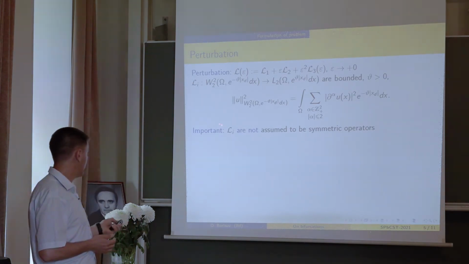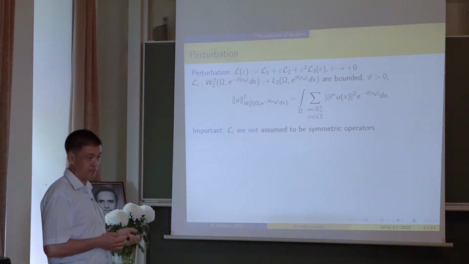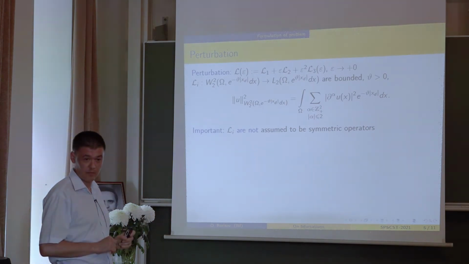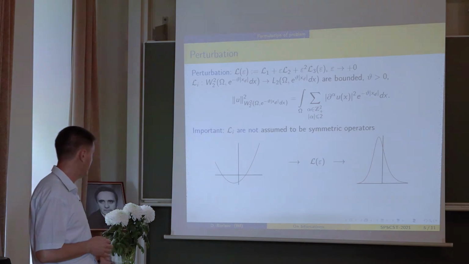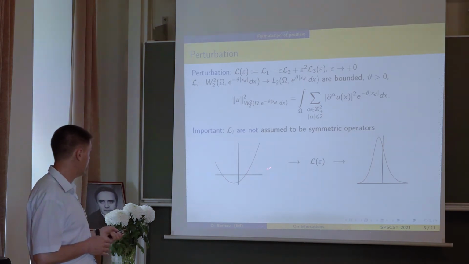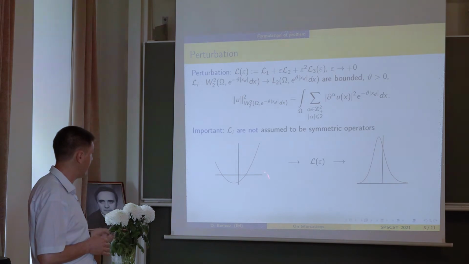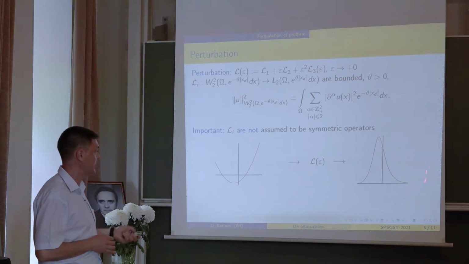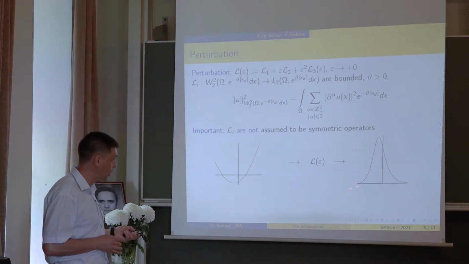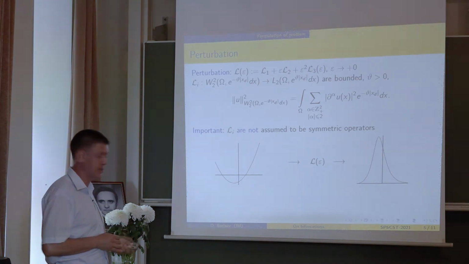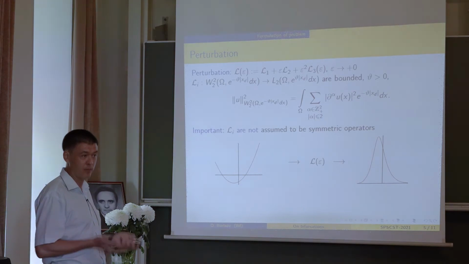And also I don't assume that these operators are symmetric. They can be arbitrary. And actually, this is the picture which shows how this L epsilon acts. I have something which grows exponentially fast at infinity. And after the action of L epsilon, I have something which is actually localized in the sense that the tails are exponentially small.